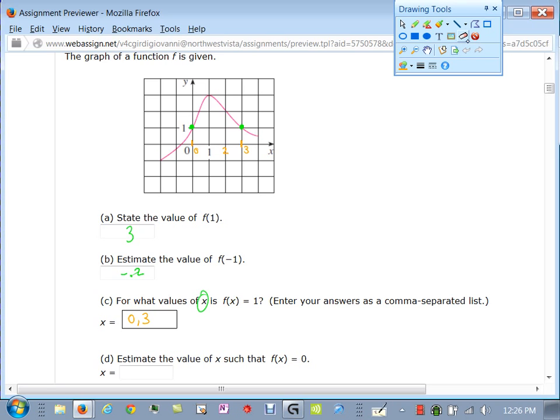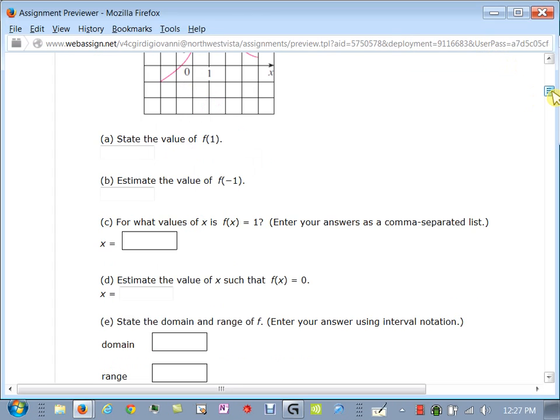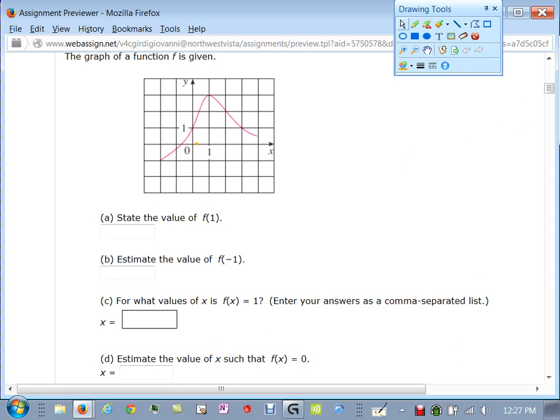All right, let me clear that out. Estimate the value of x such that the function's value is 0. So I want to go to the function and find what x value gives me 0. Here's y equals 0, right there.